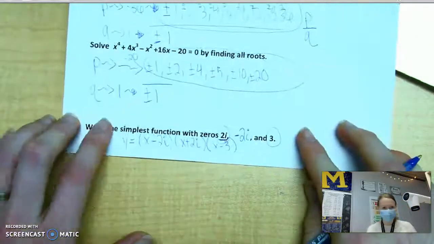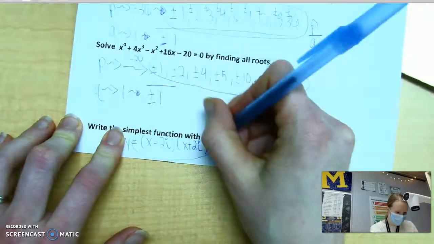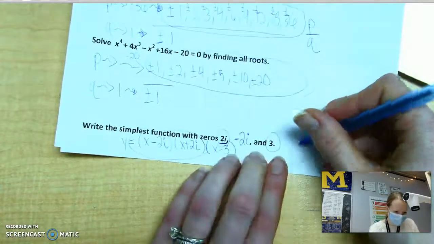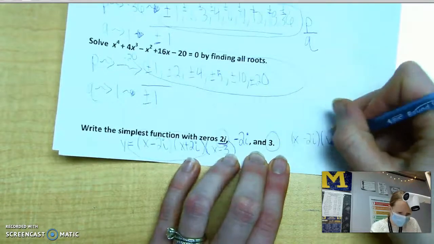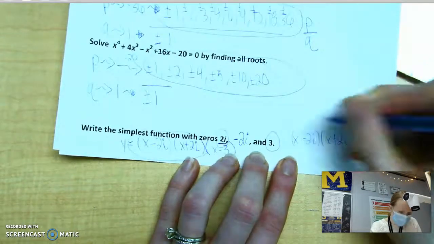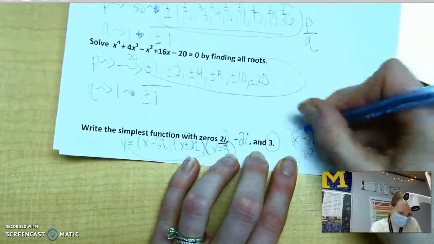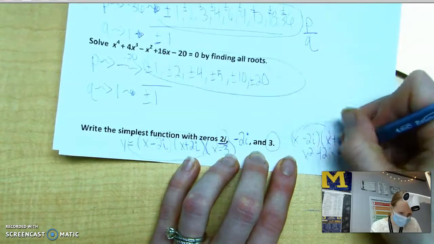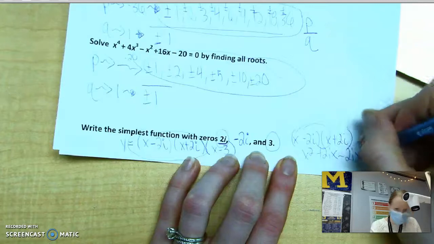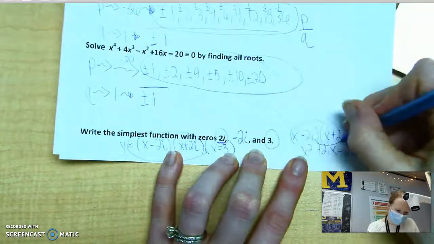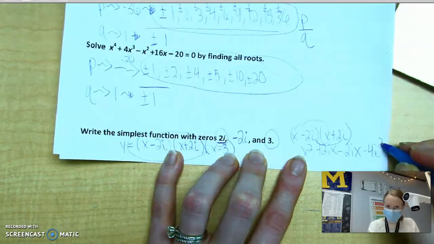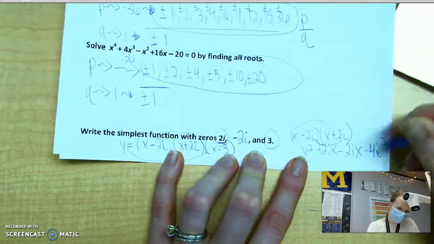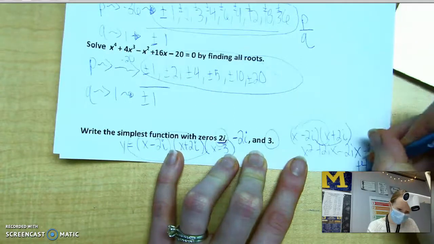So the very first thing you need to do is multiply out x minus 2i and x plus 2i. And when you do that, you're going to get x squared plus 2ix minus 2ix, and then minus 4i squared. Remember, i squared is -1. -1 times -4 is a positive 4.